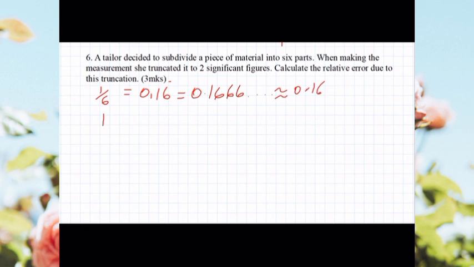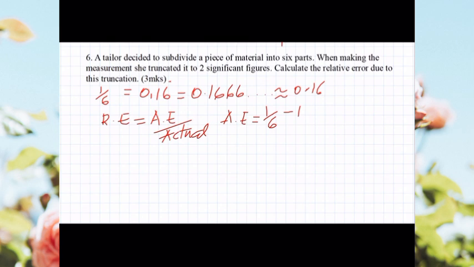So here, in order to obtain the relative error, we know that we take the absolute error and then we divide that by the actual. So our absolute error here is going to be, we take the actual, which is supposed to be 1 out of 6. We take away 0.16, but now in fraction form.